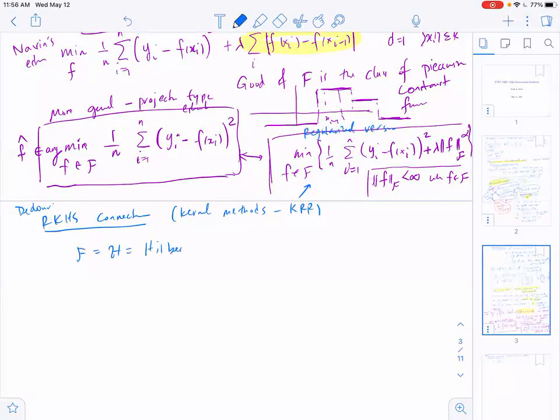What is a Hilbert space? It's a space with an inner product defined on it. It's like a potentially infinite dimensional Euclidean space.